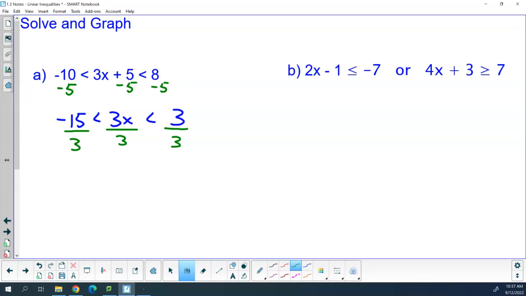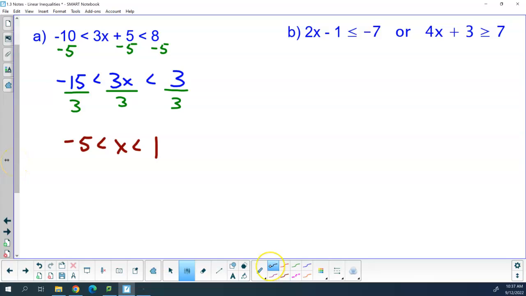If I were dividing by negative 3, which I'm not, but if I were to be dividing by negative 3, both of those inequalities would flip. Okay? Not just one. I have to flip them both. Okay? Negative 15 divided by 3 is negative 5. 3 divided by 3 is 1. So that is my inequality.